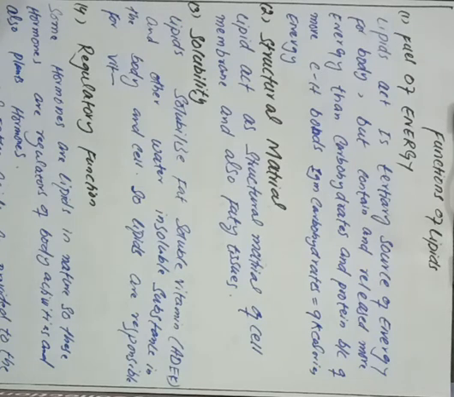The next structural function of lipid is also fatty tissue. Our body has fatty tissue. Some animals and our body have fatty tissue that is made up of lipids, because lipids are stored in the form of adipose tissue. These tissues act as a structural material for our body. These fatty tissues are present on our skin and in the hypodermis.